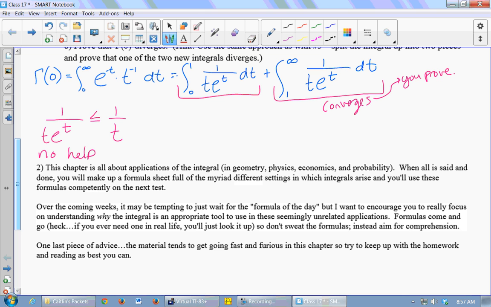And if I compare 1 over t e to the t to 1 over e to the t, that's true, right?